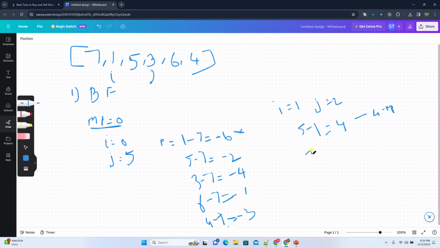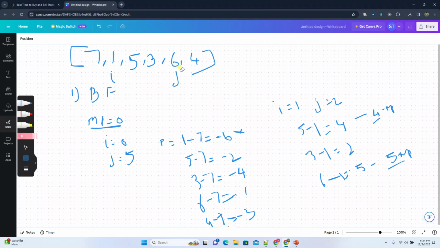That is j here. Now it will become 3 minus 1, which is equal to 2. 2 is less than 4, so the maximum profit will be 4 only. Next we'll move to the next position, which is 6. 6 minus 1 equals 5, and 5 is greater than 4, so the maximum profit will change to 5 now.